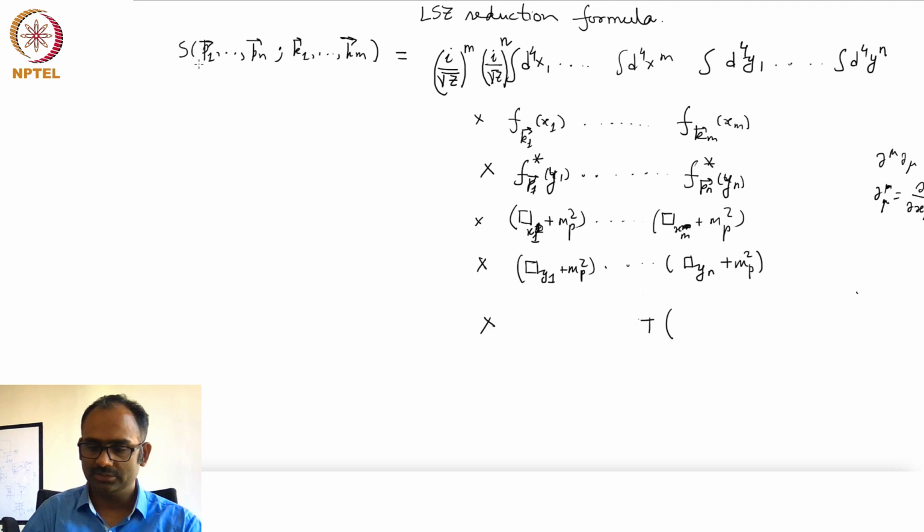But now we are going to get, in addition to those, n more fields coming from the out state, and we will have this time ordered product of phi x1 up to phi xm that we already had, and now we will also have phi of y1 to phi of yn, okay, and we will have this vacuum expectation value of this time ordered product. Okay, so, this is our LSZ reduction formula.